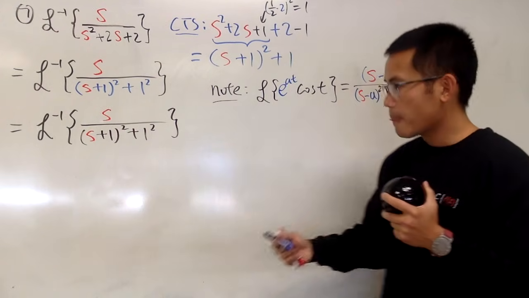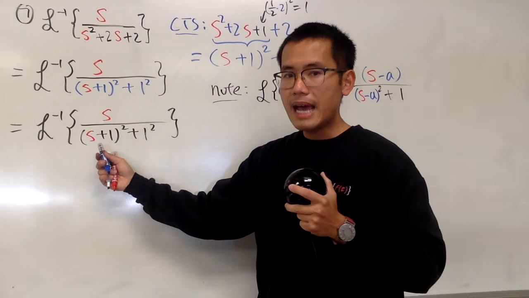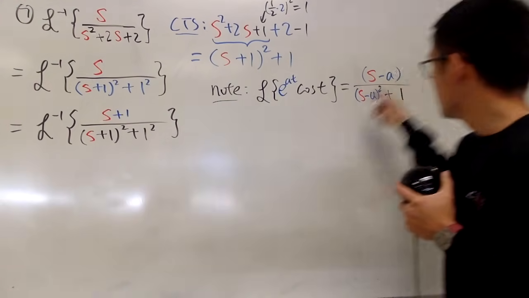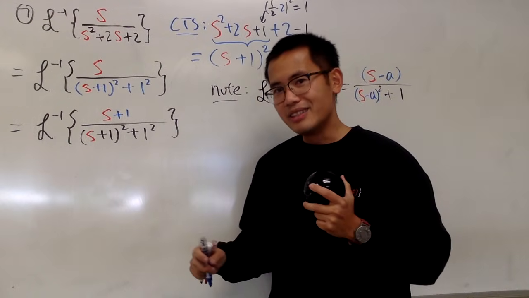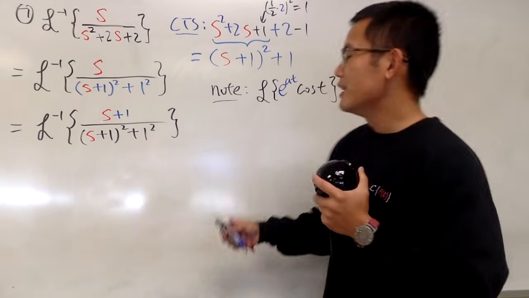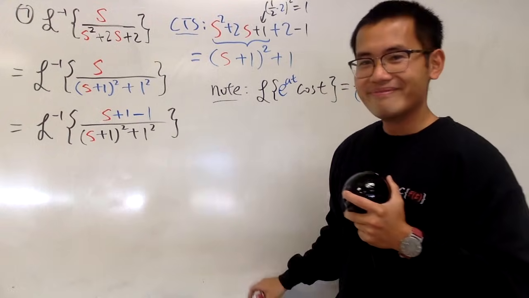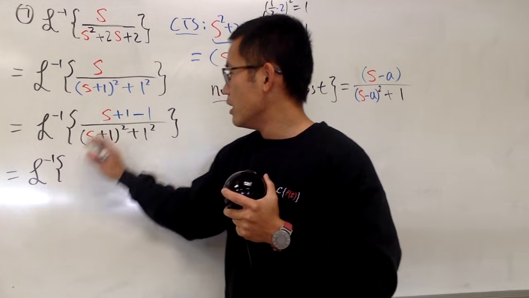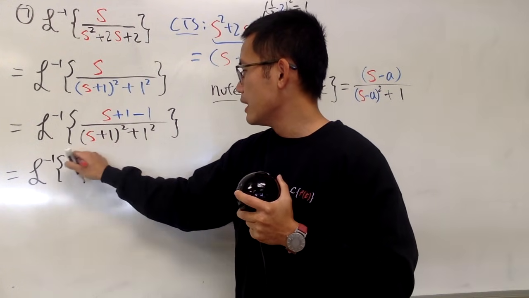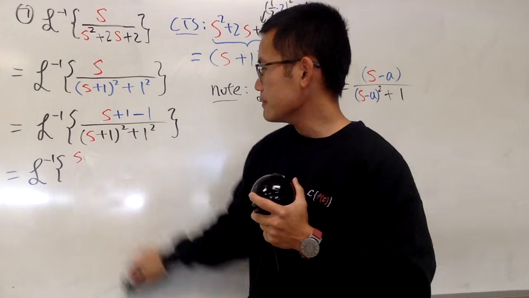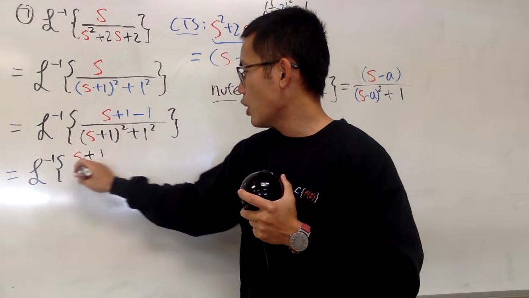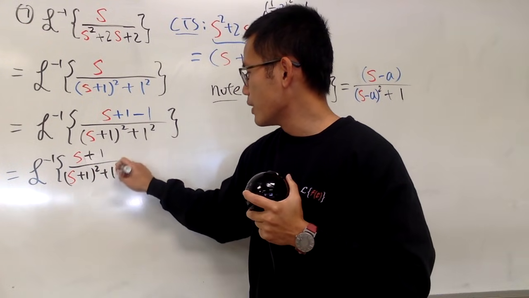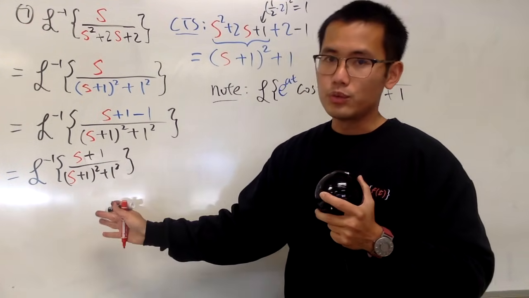Now, I really want to have the top and this match, so go ahead and just add 1. So that's how you can have the input match, this and that match. But again, as usual, this will change the whole thing. That's no good. It's okay, just go ahead and minus 1. So, as you can see, if you look at the inverse Laplace of this portion, s plus 1 over s plus 1 squared plus 1 squared, this is what we can do.